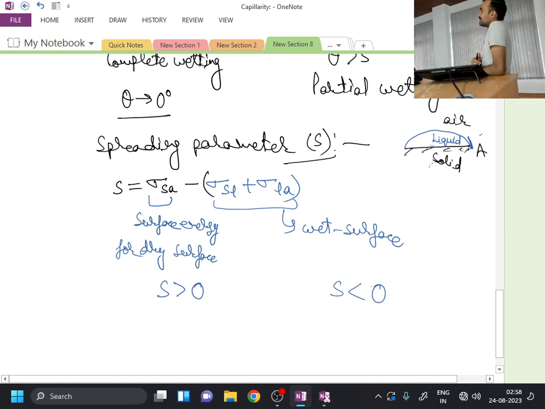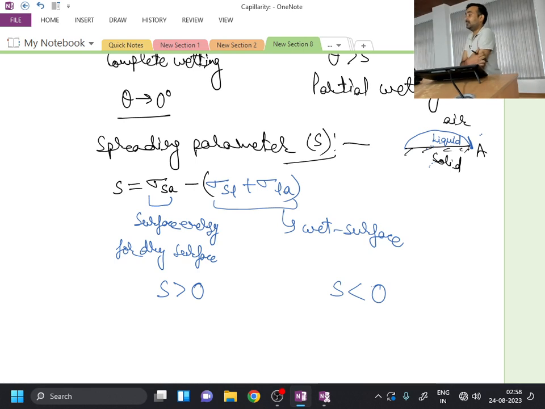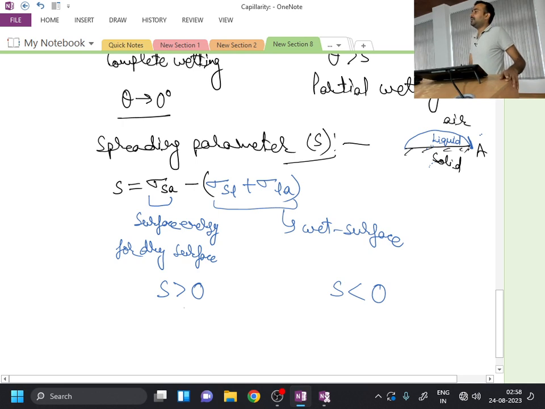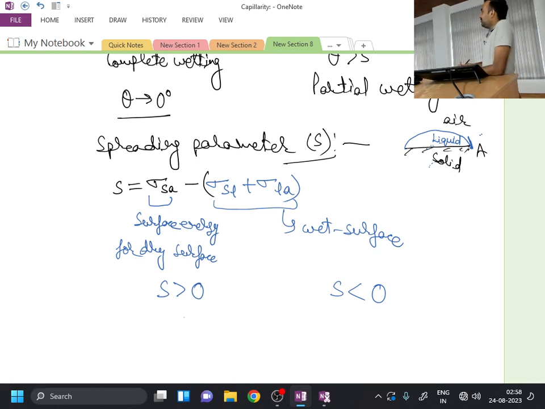So in one situation we will have partial wetting, and in one situation we will have complete wetting. Okay, so where do you expect that we will have complete wetting? In what situation will we have complete wetting?